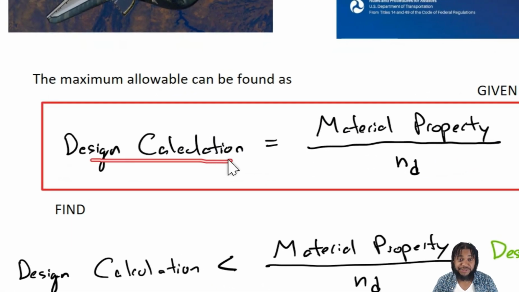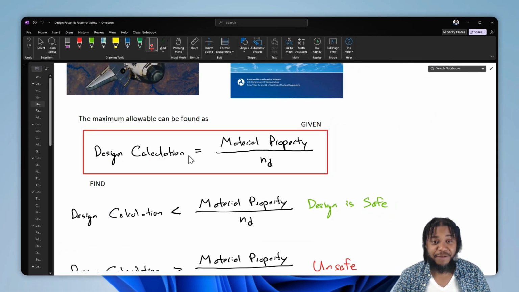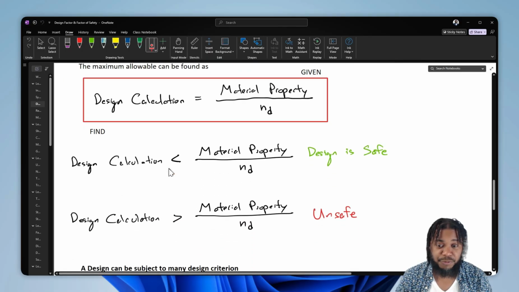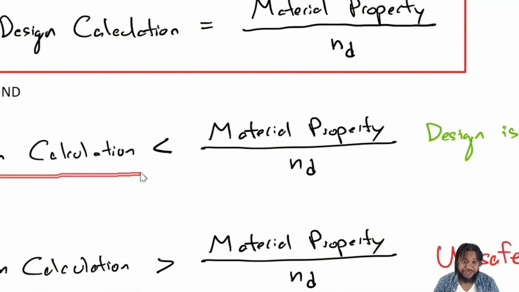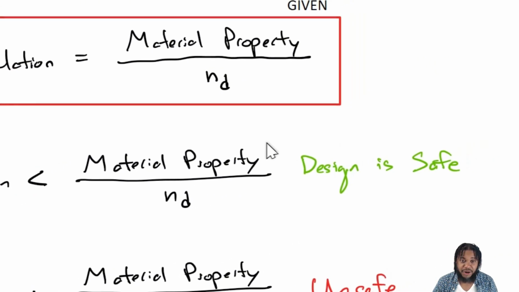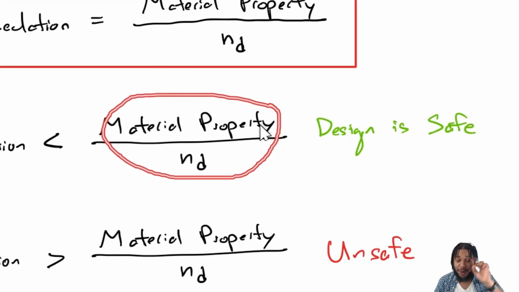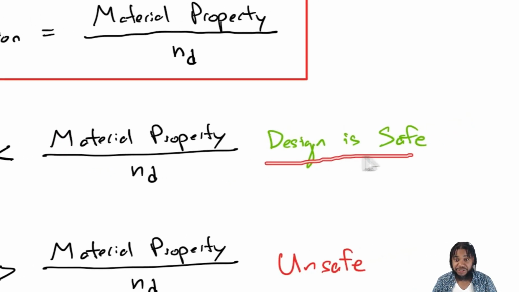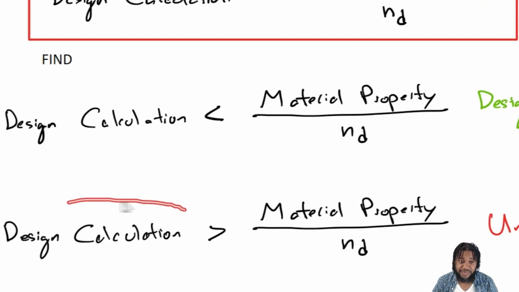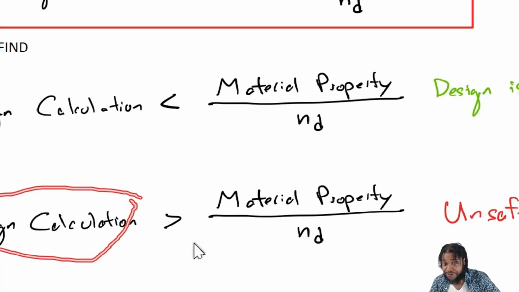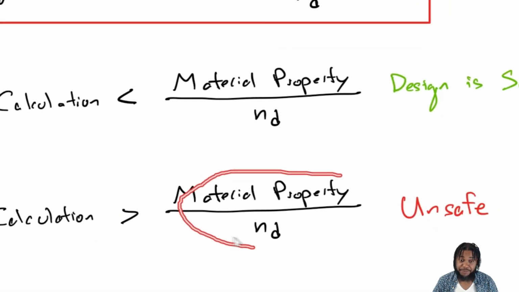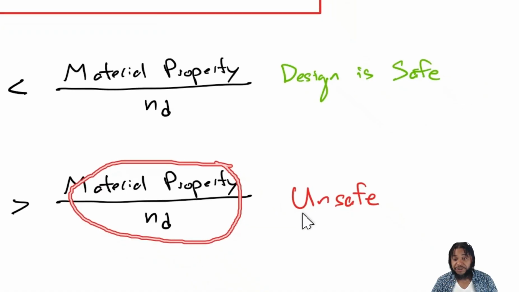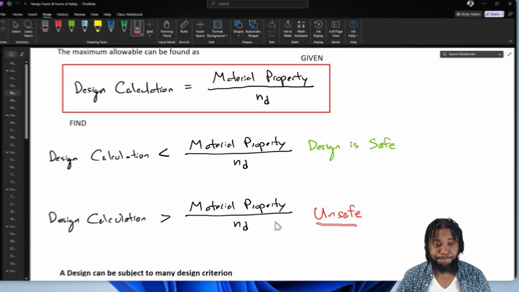And we can use this to make decisions about how to modify our designs, right? So in this case, if our design calculation is less than our given material property and required safety factor, then our design is safe. And if our design calculation is greater than our given material property and safety factor, then our design is unsafe, right?